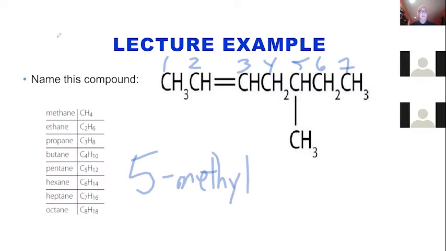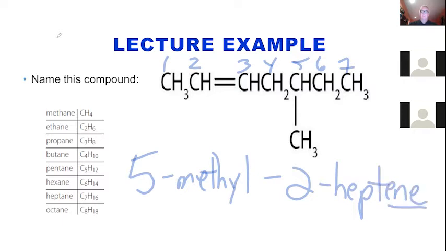Heptene is correct, but we still have to say where the double bond is. 2-heptene. 2-heptene, that's right. So the substituents go first, then heptene, and after that the 2 tells us where the double bond is. And we always give it to the first carbon that's double bonded, not the second one.